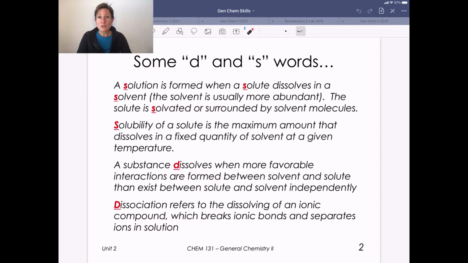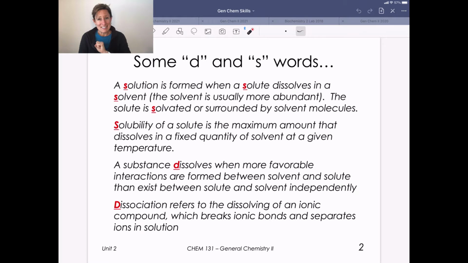When we form a solution, what happens is we have new interactions between solute and solvent. So what has to happen is we break those old friend interactions and we're going to make new friend interactions. Okay? When we dissolve something, the new friend interactions are more energetically favorable than the old interactions. We kind of go downhill in energy. That's a big theme for things that we're going to see.